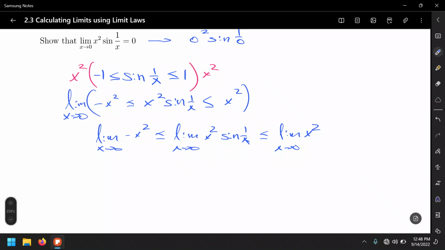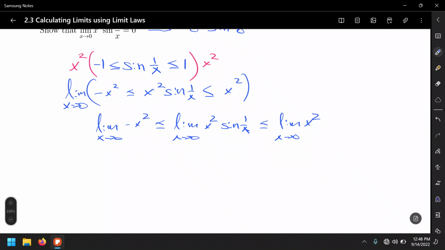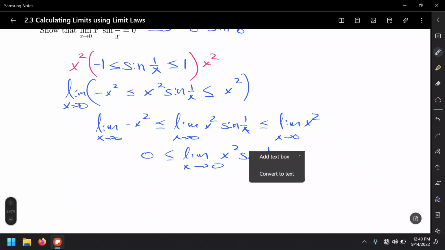That's fine, because we can compute the limits on the left and on the right. So what's the limit on the left? Negative 0 squared, isn't that 0? And what's the limit of x squared as x approaches 0? Isn't it 0?